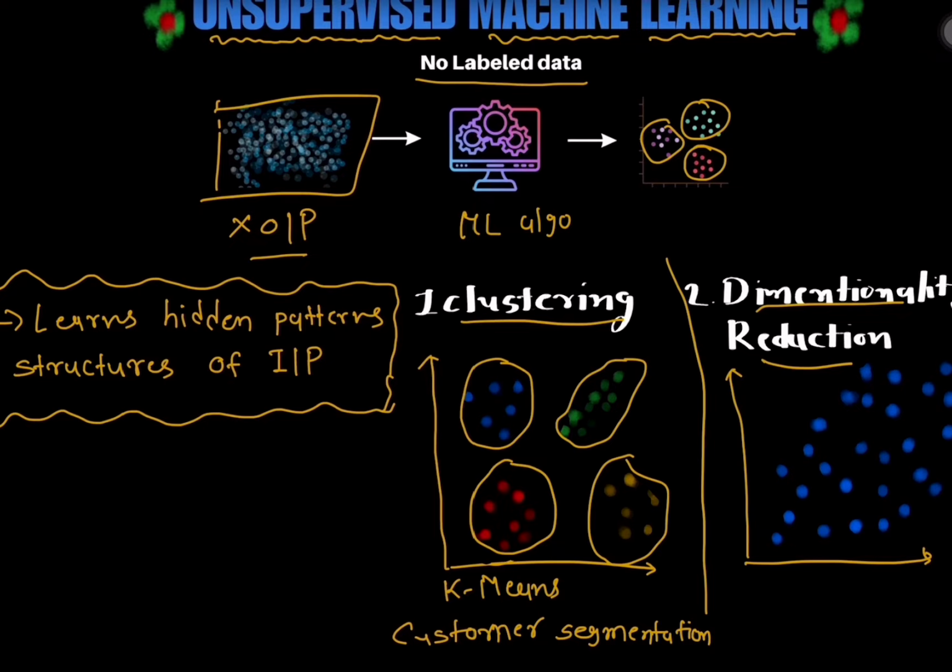On the other hand, here we have dimensionality reduction. Whenever we are dealing with any data, we will have multiple features, and there will be many cases where we have a large number of features. Each feature we consider as a dimension. It is not practical to use all the features.